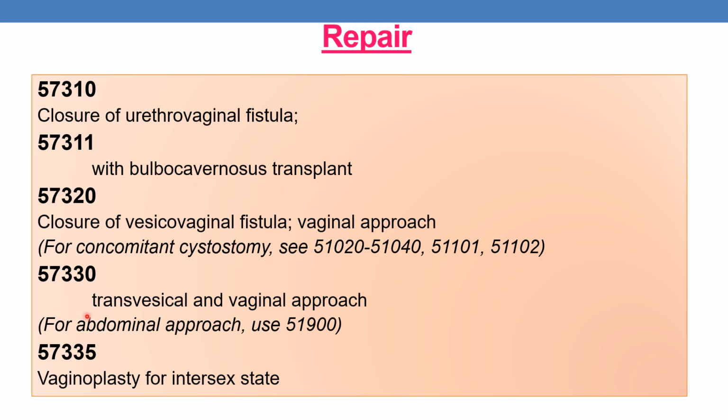And for closure of vesicovaginal fistula, transvesical and vaginal approach, the CPT is 57330. And for abdominal approach, closure of vesicovaginal fistula, the CPT is 51900. Next is 57335. Vaginoplasty for intersex state.